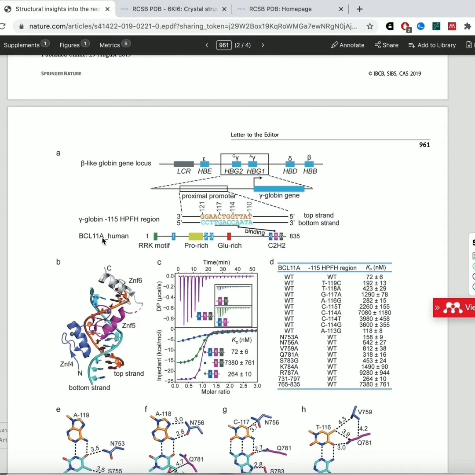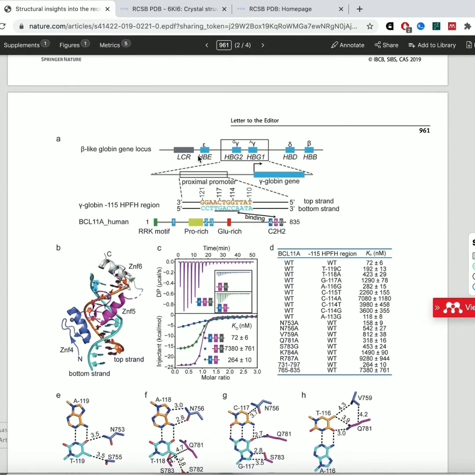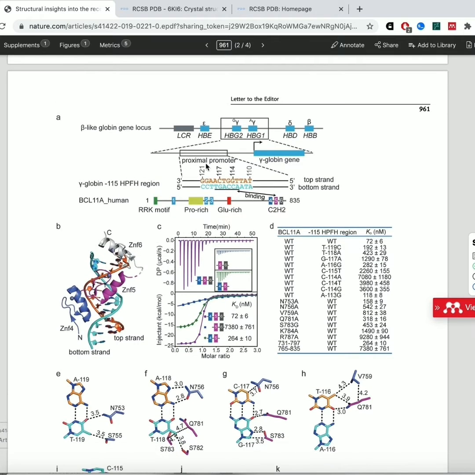So here at the top they're showing where it binds, but at the bottom where it says BCL11A human, this is what we call a domain architecture. Proteins can usually contain multiple domains, and we can mean different things when we say domains. Sometimes it's just a part of the protein that we want to refer to specifically.